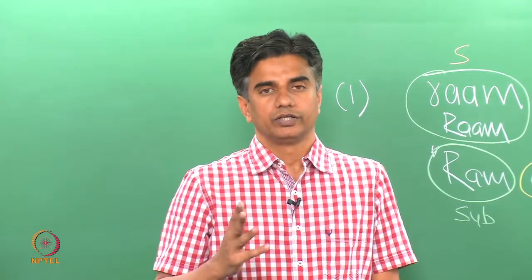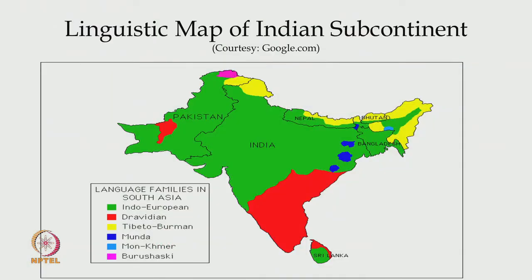However, this is the map of languages spoken in the Indian subcontinent. It is a larger map, and it is not a political map, it is a linguistic map of the Indian subcontinent. And please see the spread of languages according to these families in the map.